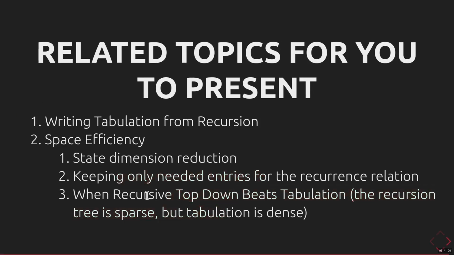There's also topics like keeping only needed entries for the recurrence relation. So for example, that robot minimum path sum problem, you can just keep a current row essentially, and not worry about other rows. But since you're overwriting the cache, since you're actually mutating the grid directly, it's O(1) memory anyway. But there are ways in which, like you'll see in the Fibonacci numbers, Fibonacci of n, right?